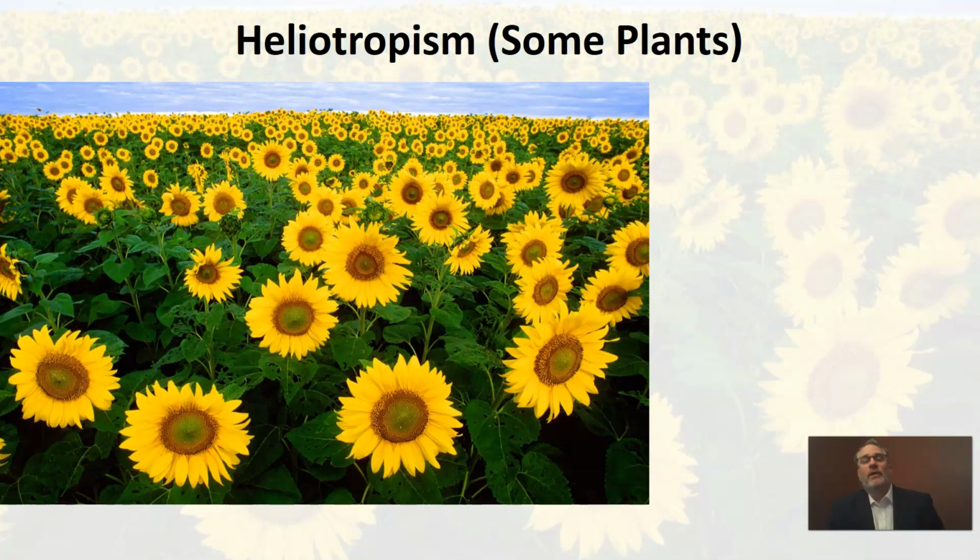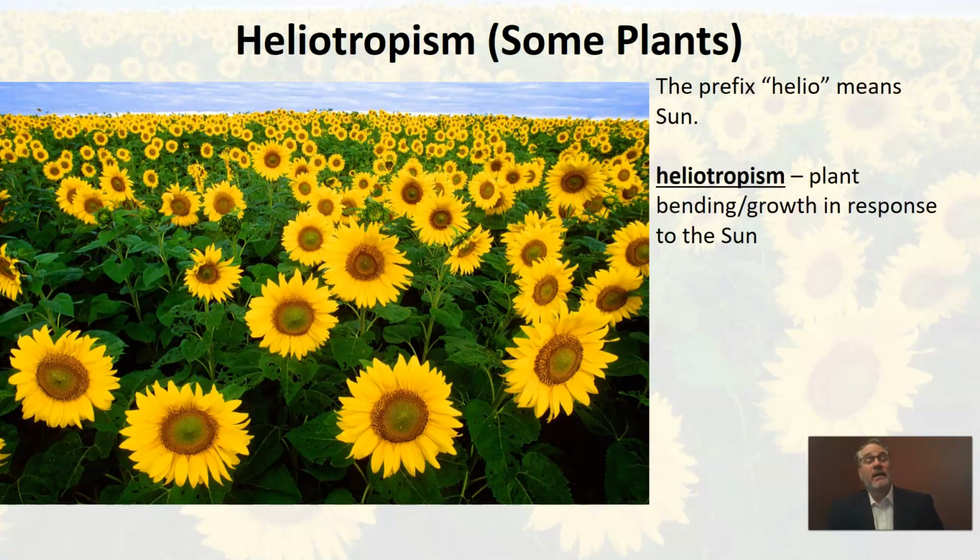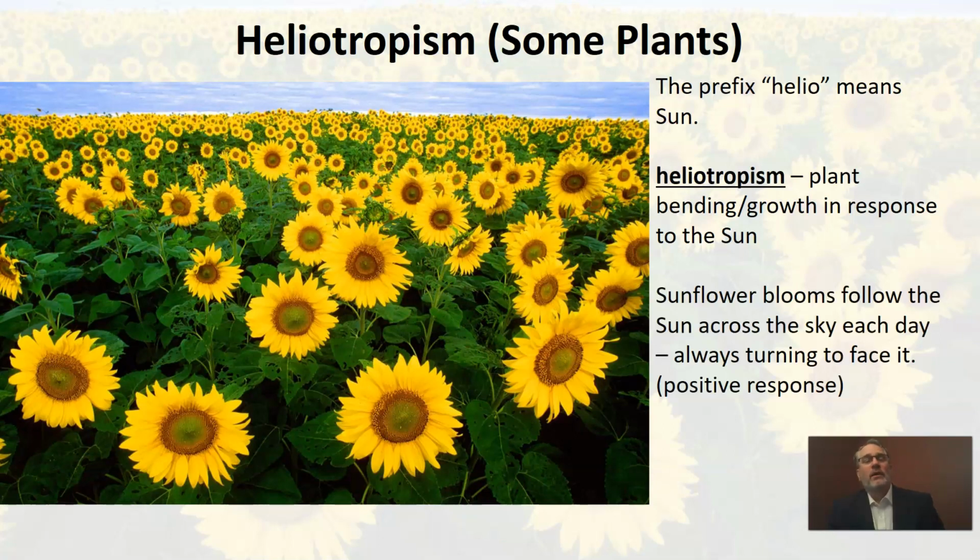The last tropism we'll look at, and this also doesn't happen in all plants, is something called heliotropism. Helio means sun, and heliotropism is when a plant bends or grows in response to the sunlight. If we look at this huge field of sunflowers, the sunflower blossoms, the heads, will actually follow the sun and turn to face toward it as the sun travels across the sky from east to west.